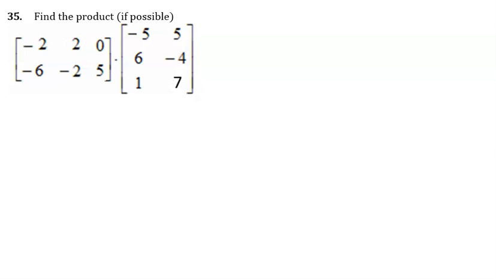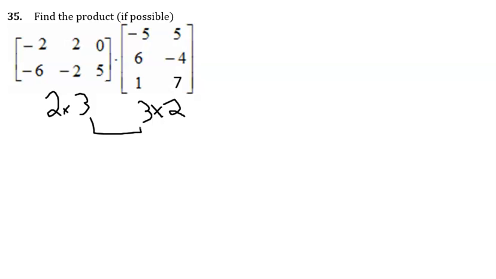Number 35. Find the product if possible. So the first thing we want to do is find the dimensions of the first matrix. We have 2 rows, 3 columns. This is a 2 by 3 matrix. And then we look at the second matrix. We have 3 by 2. So that's a 3 by 2 matrix.